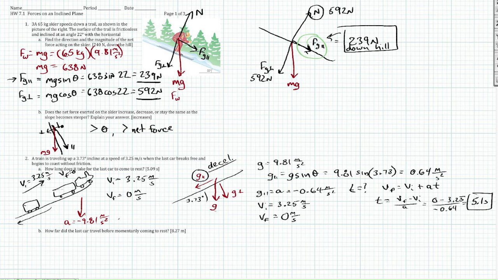Well, once again, we know the initial velocity is 3.25 meters per second. Our final velocity is 0 meters per second. Our acceleration, or you might say our deceleration, negative 0.64 meters per second squared.